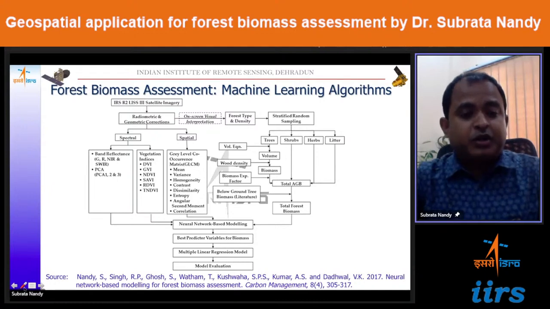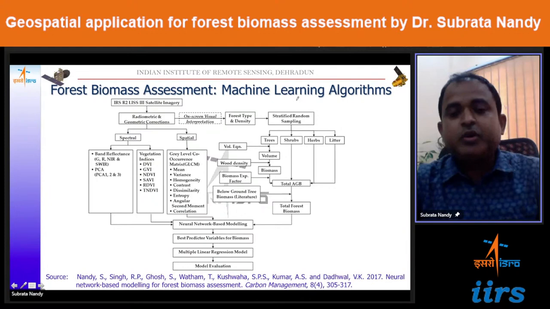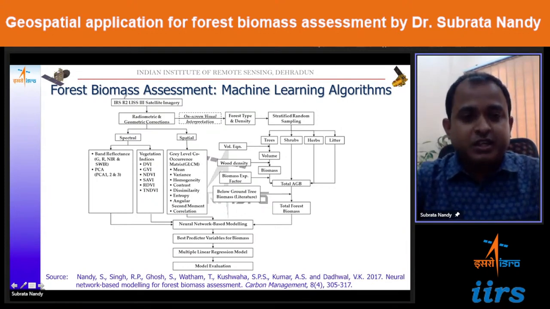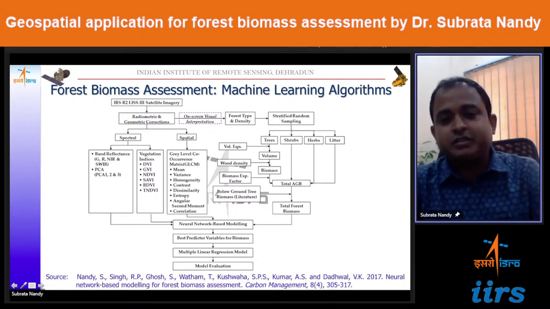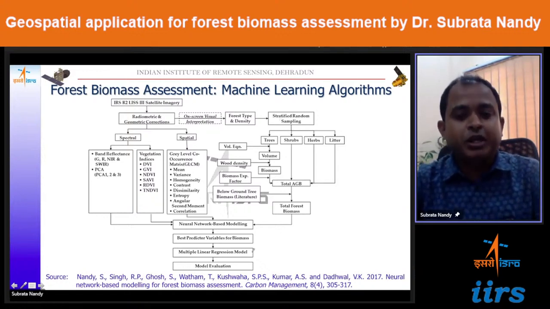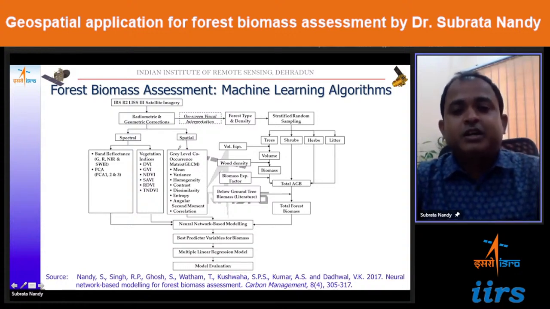Now moving further, what is recently being done is the machine learning approach, algorithms. Again, if you see here, the left part is the satellite data derived variables, the right side is the field part, and then the modeling part. Here, the number of variables being used has been increased constantly.